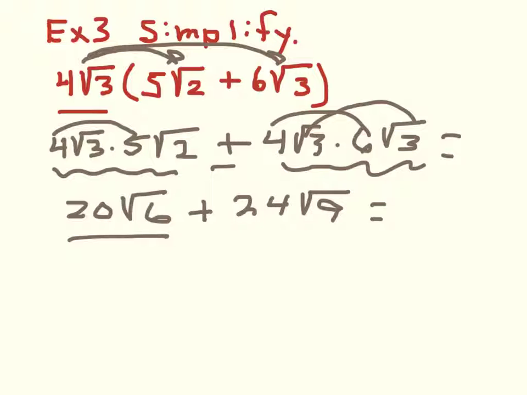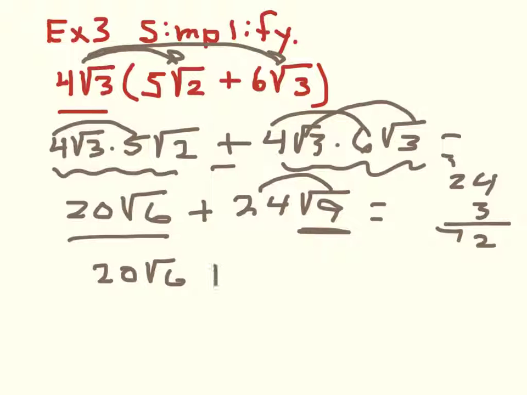It does not. But notice here, the square root of 9 is easy. The square root of 9 is 3. So now I'm going to take 24 times 3, which is 72. So I have 20 radical 6 plus 72. And I'm done because I can't combine these two. They're unlike terms. They don't both have a radical 6 in them.